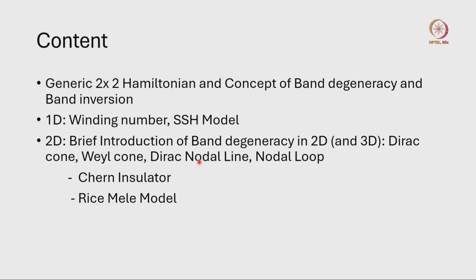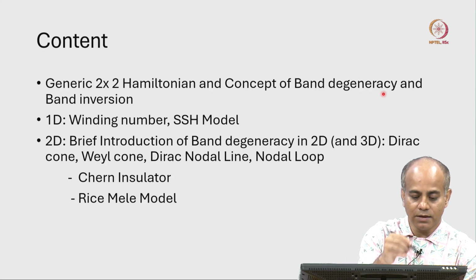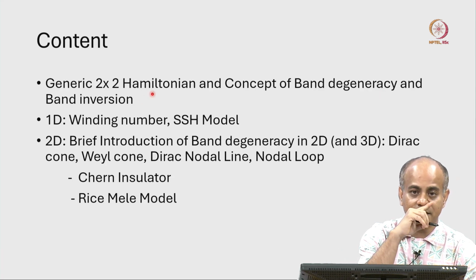this chapter. So, we will again start with a generic 2D Hamiltonian and revise the concept of band inversion and band degeneracy, and how band inversion happens across a band degeneracy, again in generic dimension.